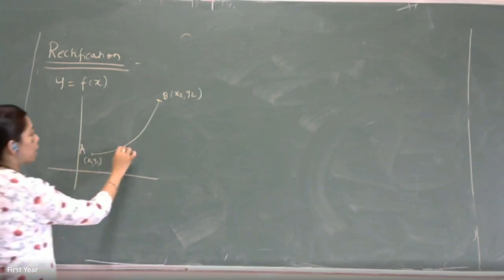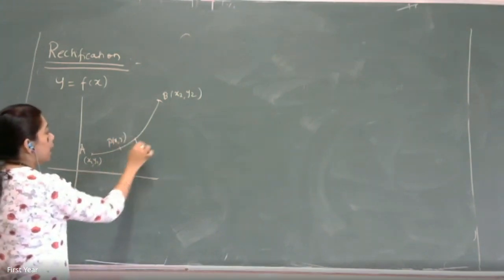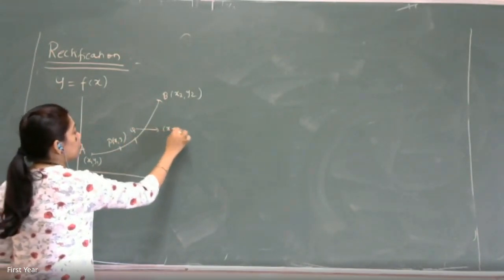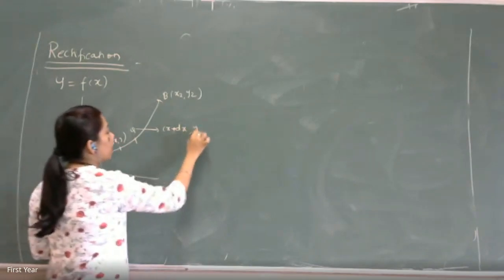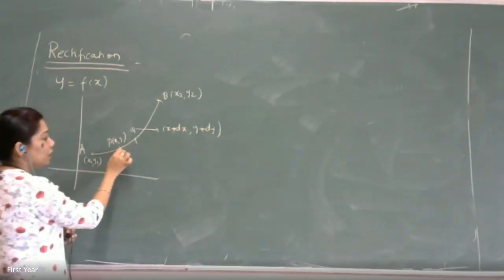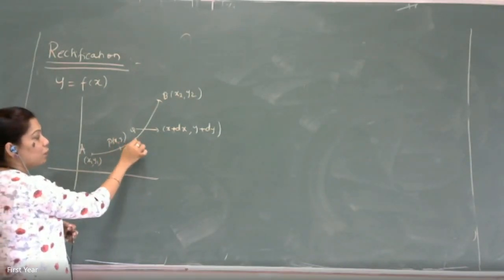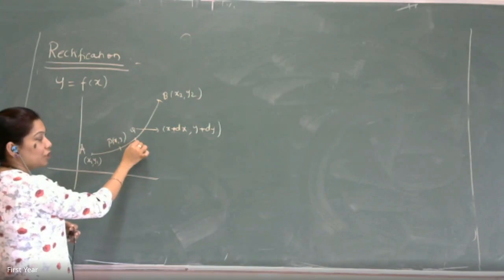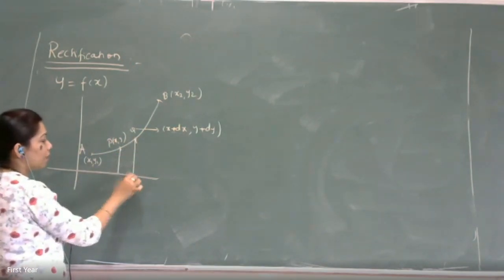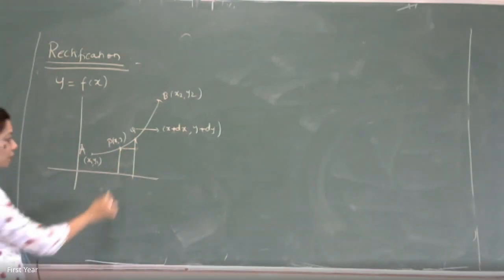If P is the point x comma y and Q is the point x plus dx comma y plus dy, that is a small change in x, obviously. X is also changing, y is also changing. When I drop the perpendiculars here and try to join this with a line, what is this?